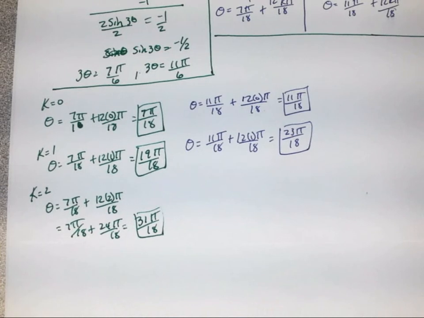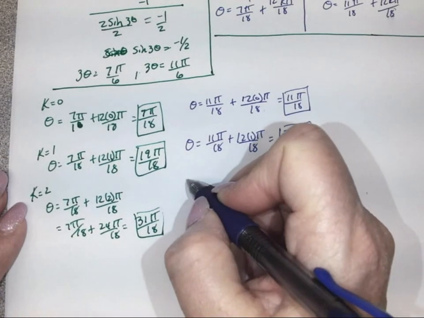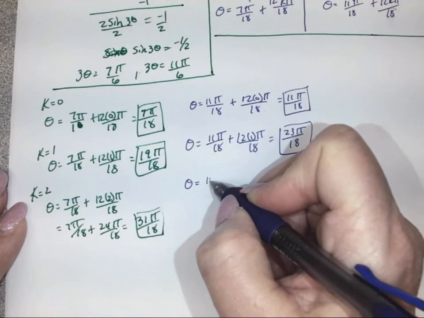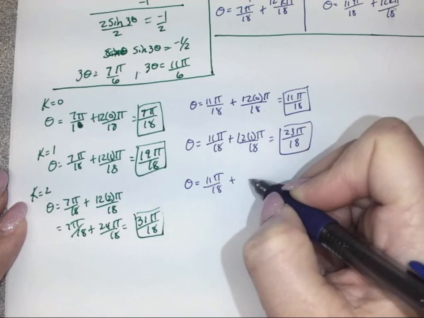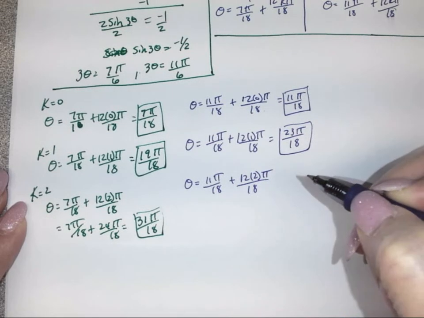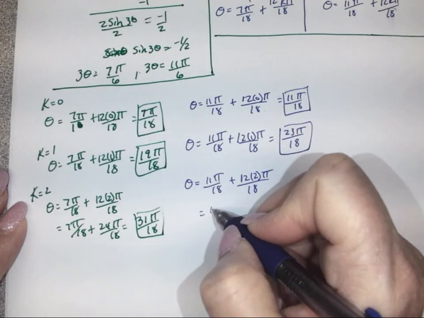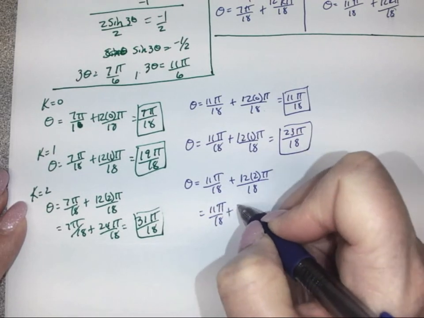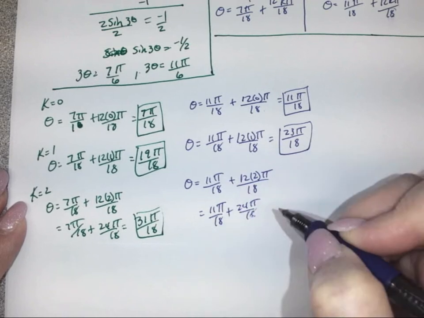Do the same thing to the other one. We get theta is equal to 11 pi over 18 plus 12 times 2 pi over 18. So 11 pi over 18 plus 24 pi over 18.